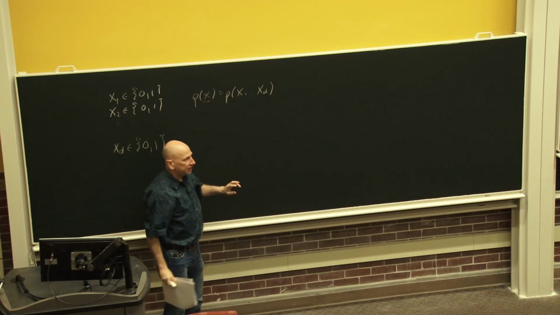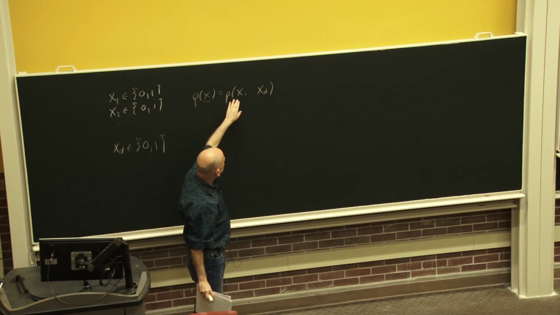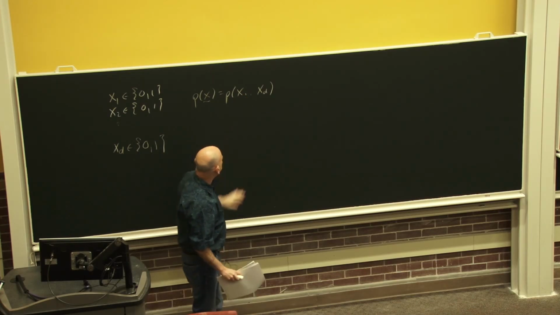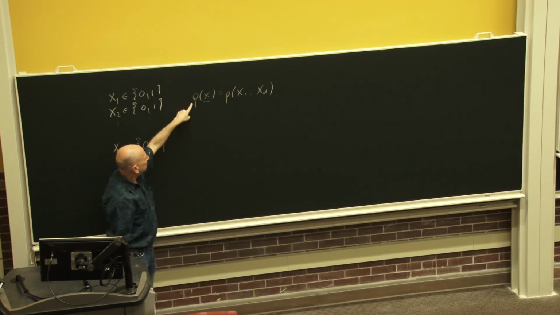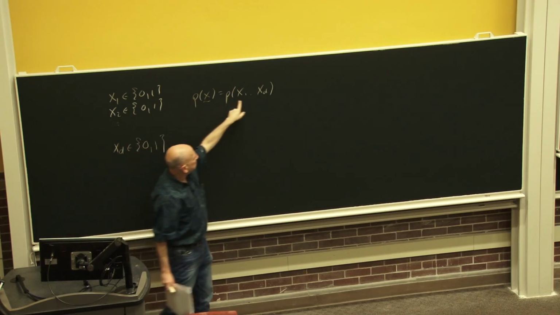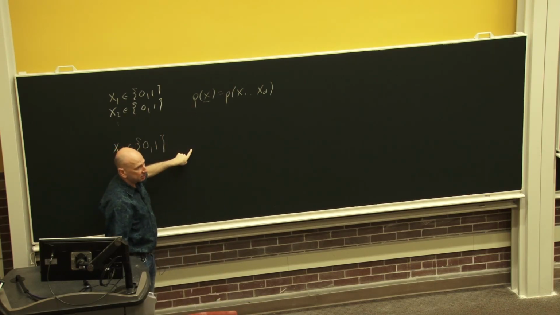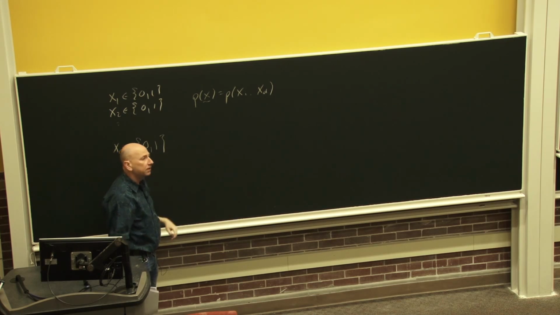This is the probability that somebody has feature 1 equal to 0, feature 2 equal to 1, and so on. So you can think of it again as a giant multinomial. For every possible setting of these things, this is just a number, and there's 2 to the d such numbers. So we can think of it as a multinomial with 2 to the d entries.